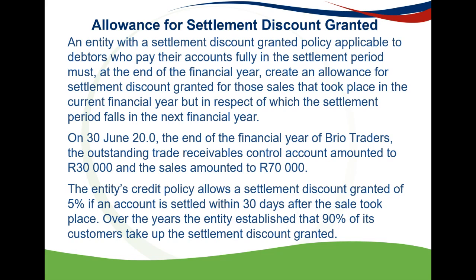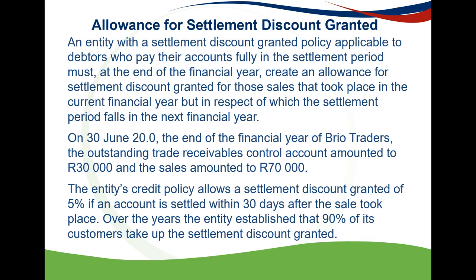So during your current financial year, you have sold to your debtors, let's say in the last month of the financial year. But those debtors will only pay you in the following financial year.